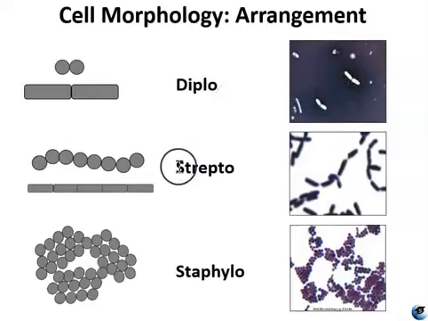If they're appearing in chains of 3 or more cells, then that is strepto. And if they're in clusters that look like grapes and they're all on the same plane, in other words, these cells are not lying on top of each other vertically, but they're all connected to each other horizontally and they look like little clusters of grapes, that is staphylo.